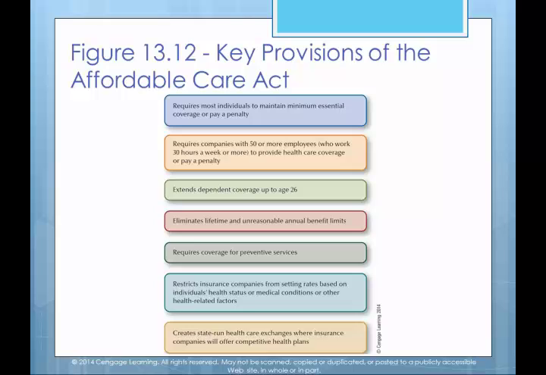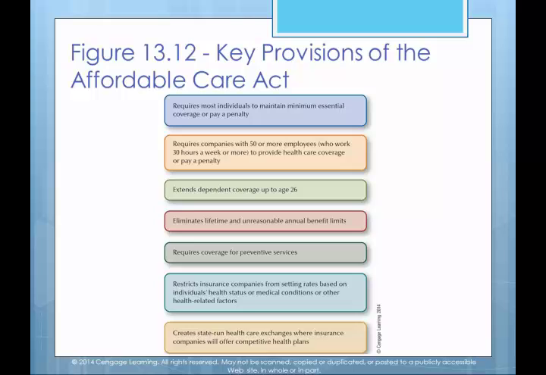It extends dependent coverage up to age 26, eliminates lifetime and unreasonable annual benefit limits, and requires full coverage, no deductible, for preventive services. And back to dependent coverage, if you remember, our old plans would only give dependent coverage to children or dependents who were going to college.